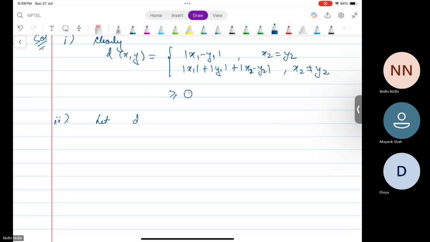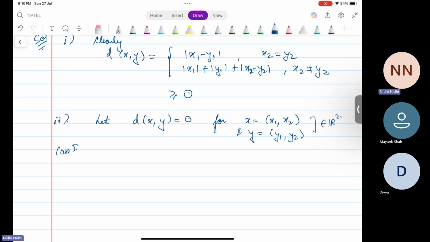Let d(x, y) be equal to 0. Now, since x and y are arbitrary elements in R2, x equal to (x1, x2) and y equal to (y1, y2), both belonging to R2, there are two possibilities: x2 is equal to y2 or x2 is not equal to y2. Let's start with the first case. If x2 is equal to y2, then d(x, y) is defined to be |x1 minus y1|.